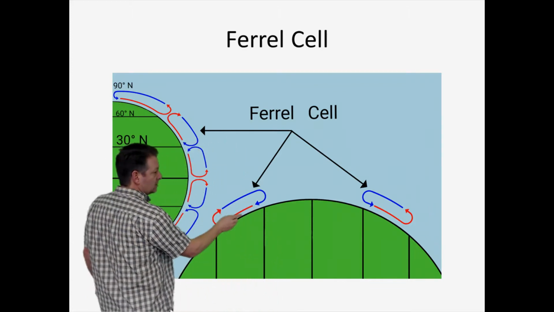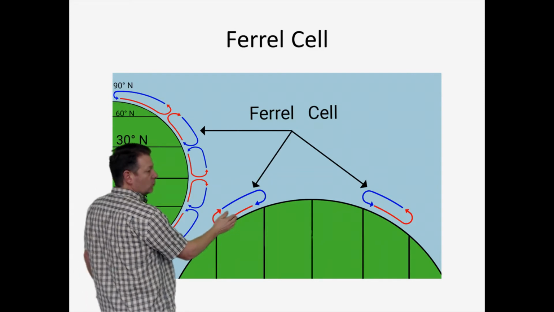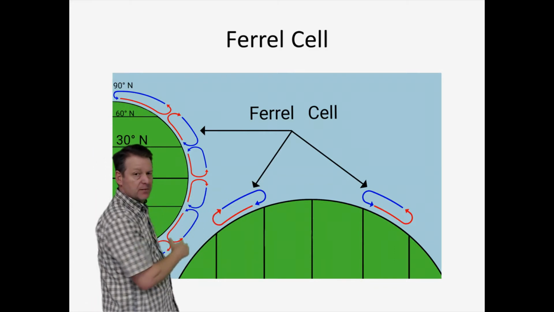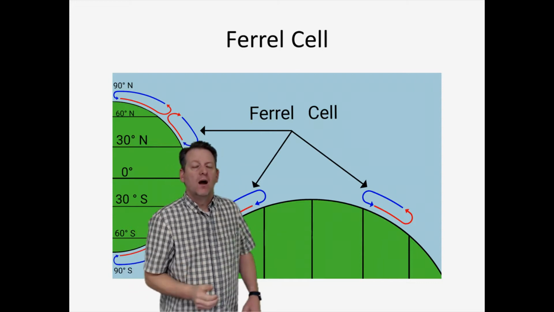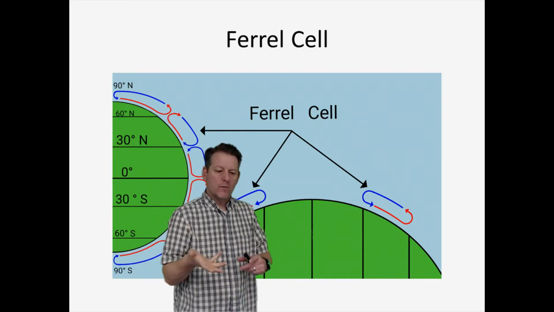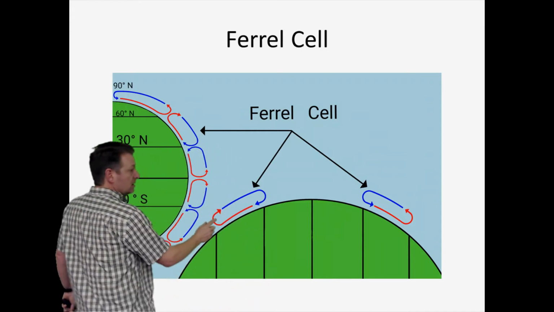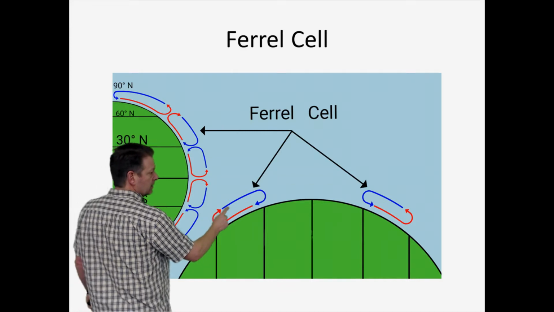And as it starts to warm up, you also have to realize it might not be as warm as the air down here, but the air in the atmosphere is going to be cooler because we're starting to go further north. So all we have to do is have warmer air than what the atmosphere is, and it will begin to rise. So it begins to rise, and it will migrate this way.